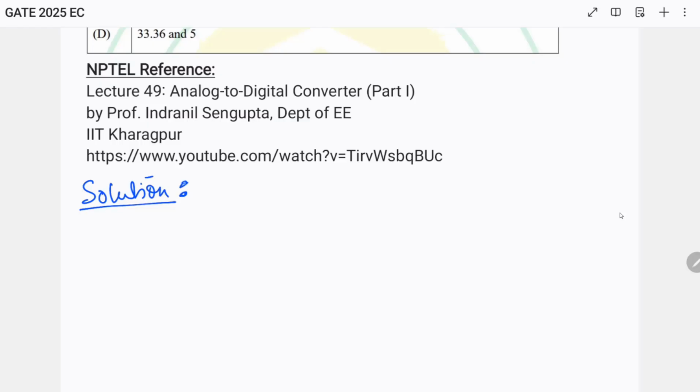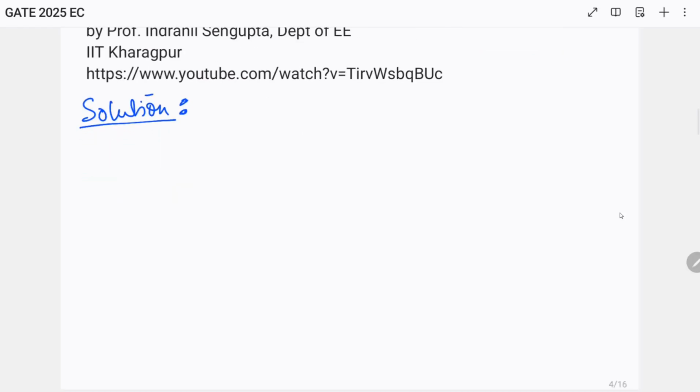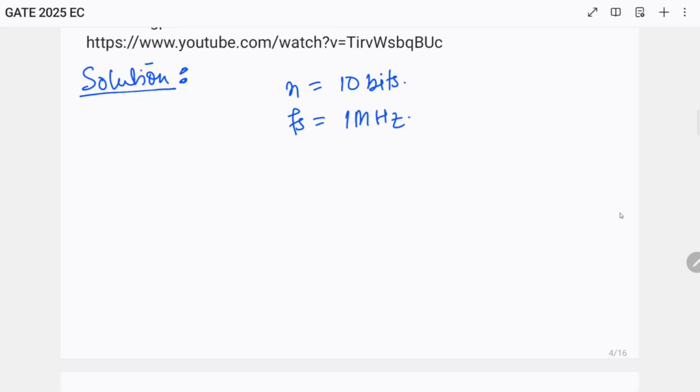Solution. So, what are the things given? Let me write. There are 10 bits, so I'm considering n is equal to 10 bits. The sampling frequency f_s is 1 megahertz. Next, the full scale value is given, but it is not required to solve this one, 3.3 volt.